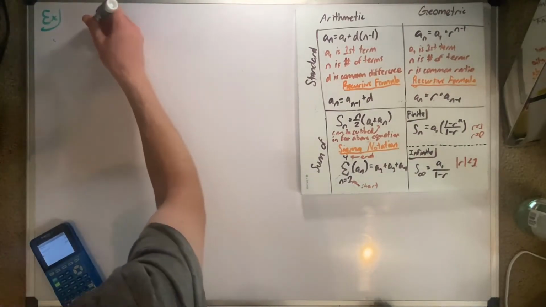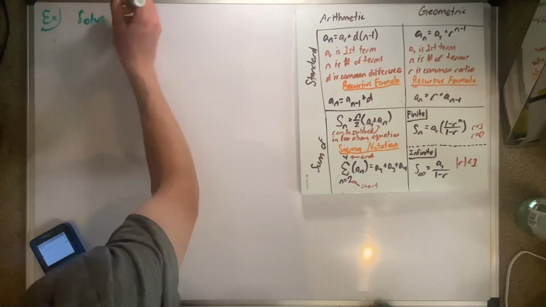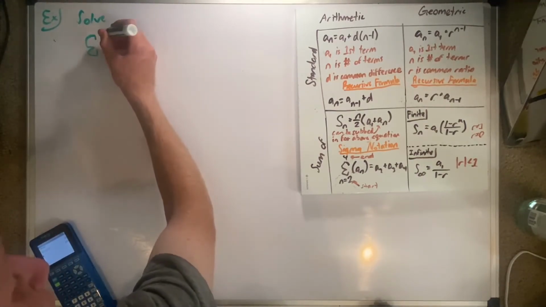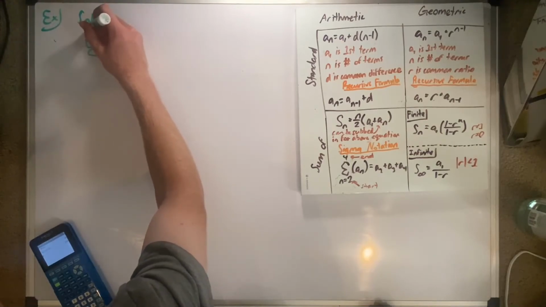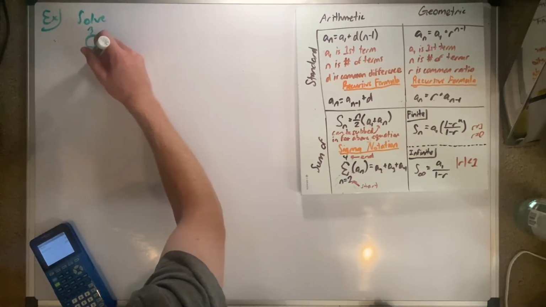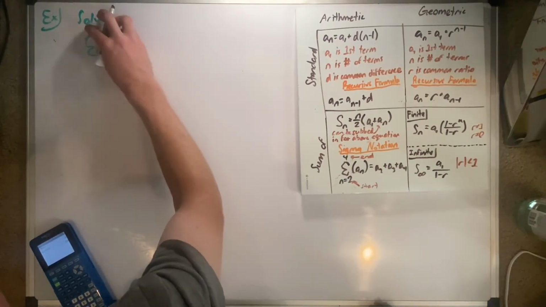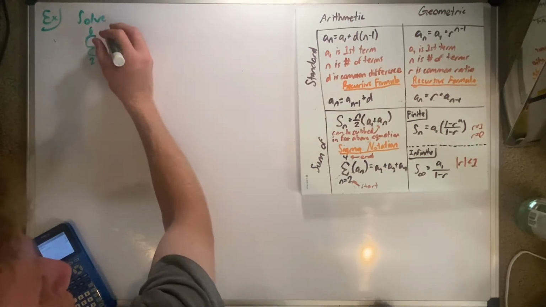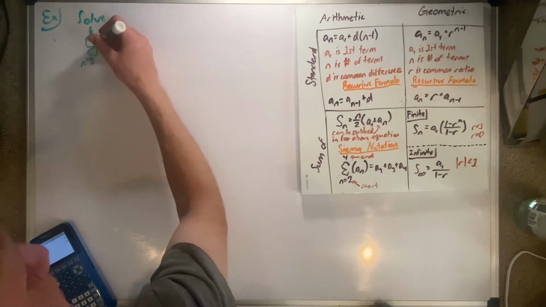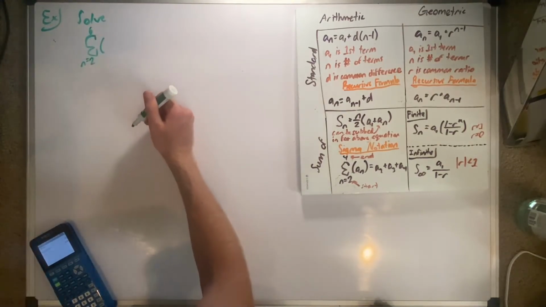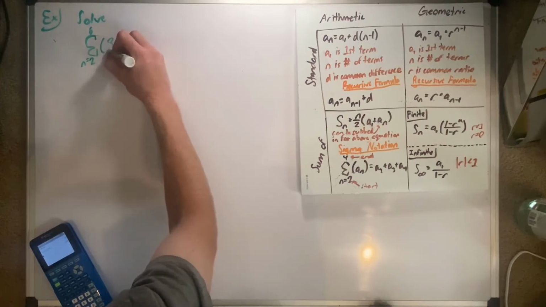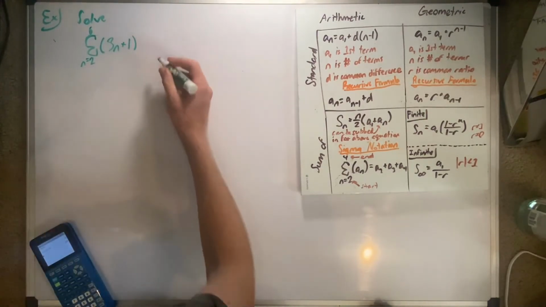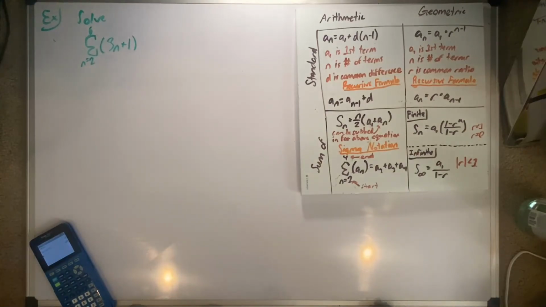So we want to solve where we are given a sigma notation of, let's say, 6, n equals 2, where our equation is 3n plus 1, and then we are asked to solve that.